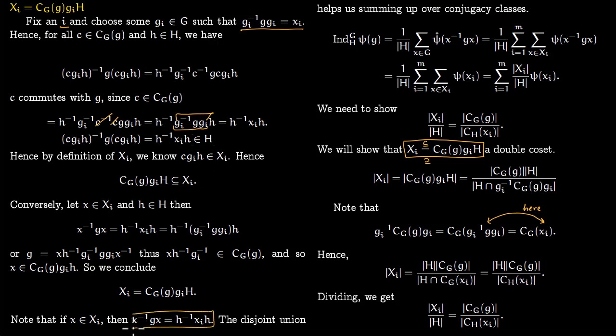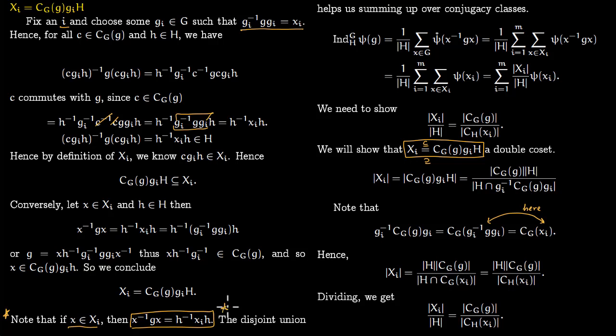So notice that when we began the lectures, we said partition into disjoint classes X_i, and we said if x belongs to X_i, this thing should hold. So this is exactly this, and here instead of x you have c g_i h, and we are saying x is in X_i, then this holds. So instead of x now you have this, so that means that c g_i h is now in X_i, just from this important statement.